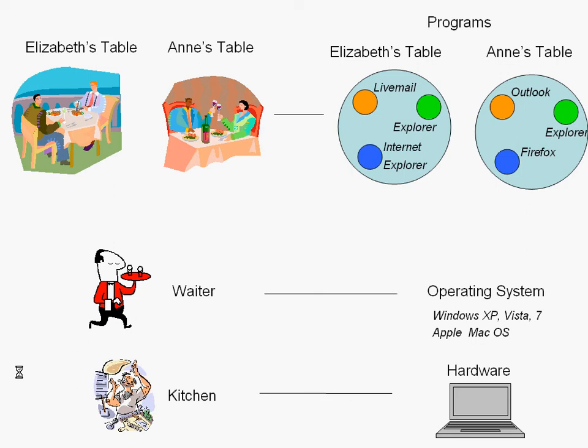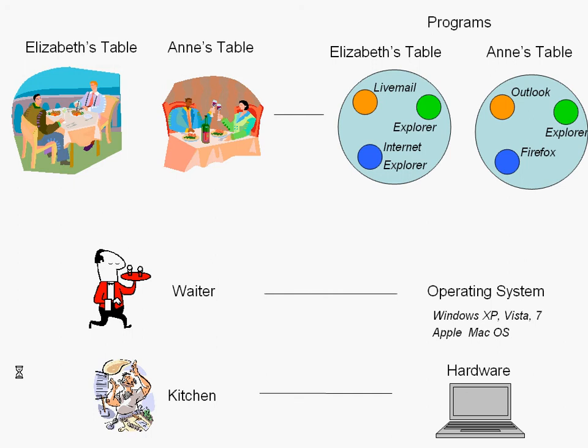Internet Explorer, Elizabeth might be browsing the web, or she might have another window open called Explorer, and we'll talk about all these programs in detail, just the basics of them. Likewise, on Anne's table, her email program that she may be running is Outlook, and she may be running the Firefox browser to explore the internet, and she may also have a regular Explorer window open.